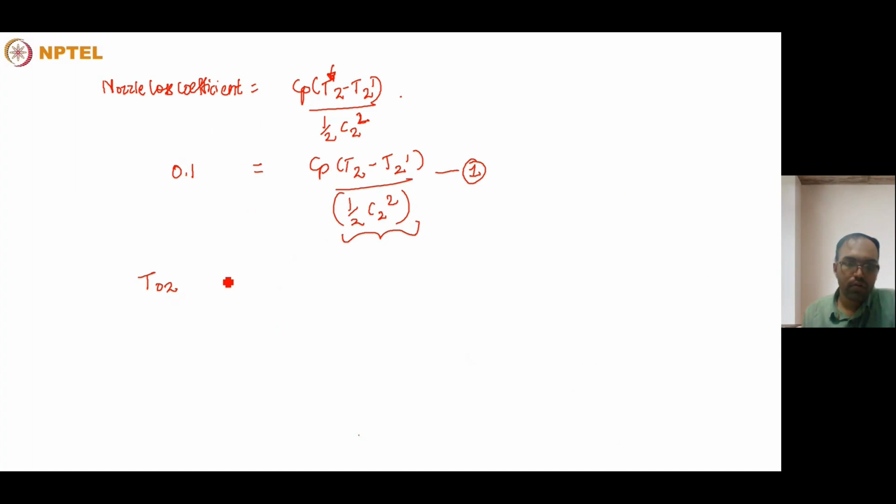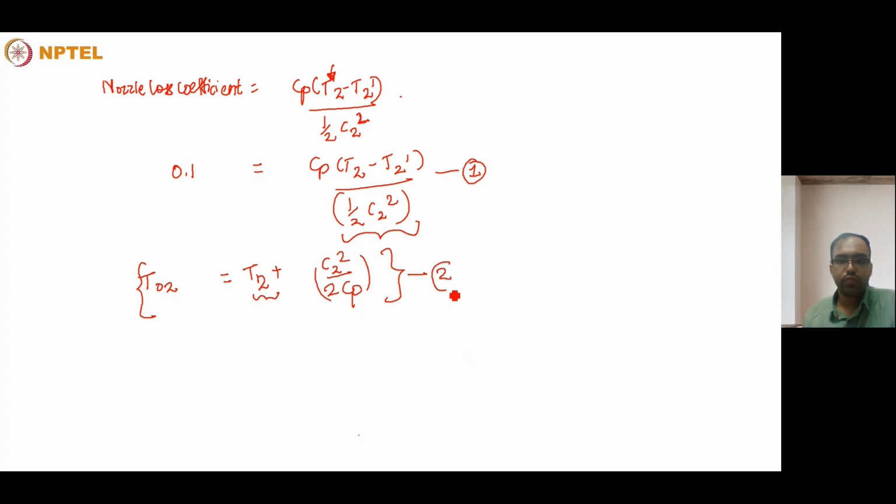T02 is equal to T2 plus C2 squared divided by 2 Cp. So the stagnation temperature at the exit of the nozzle can be written as static temperature plus the dynamic value of the temperature, represented using C squared divided by 2, kinetic energy divided by Cp.